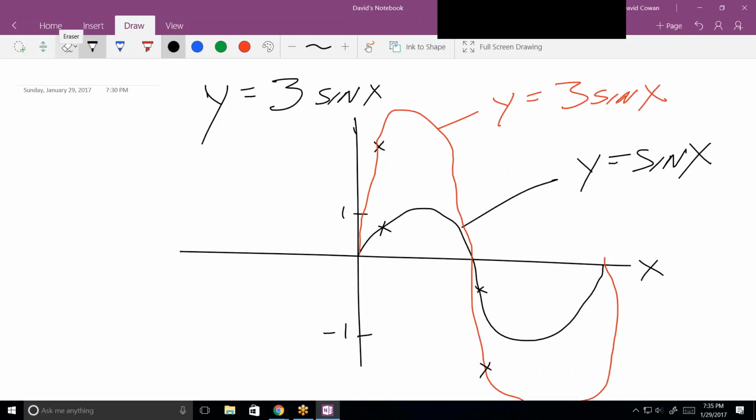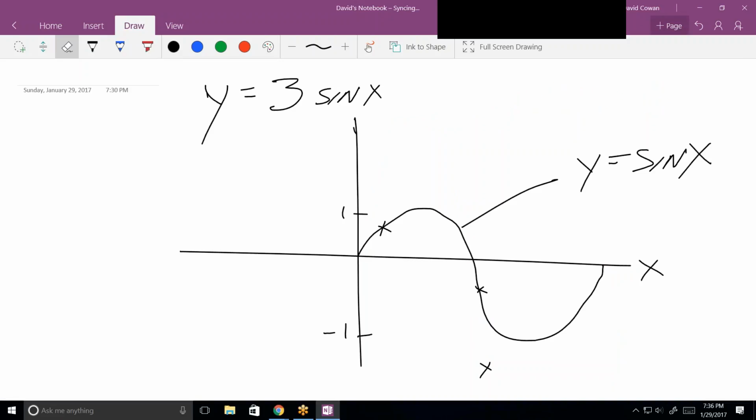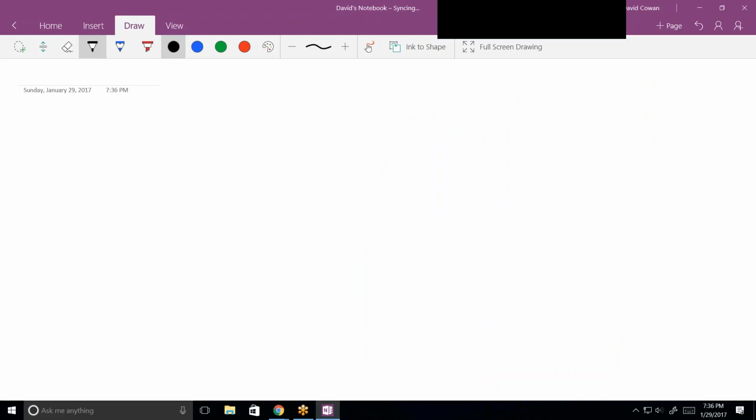Is the next one also a sine function? If it is, I'll only erase the red. No, it's cosine. Okay. In which case, I'll redraw it.